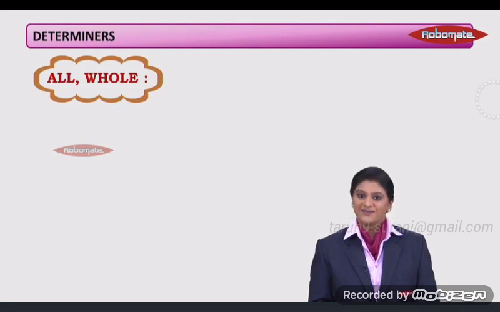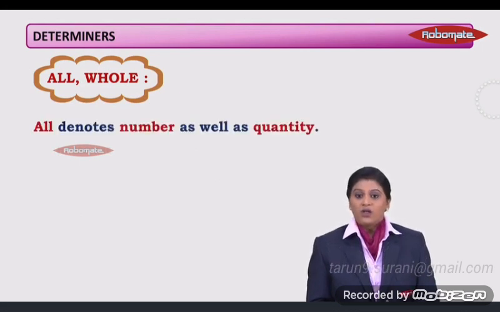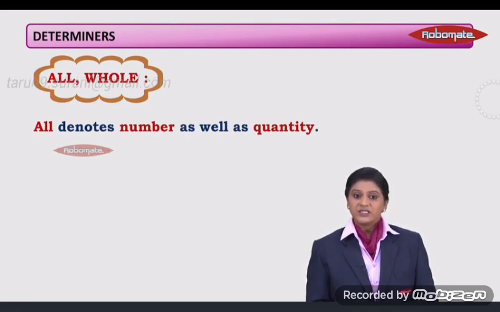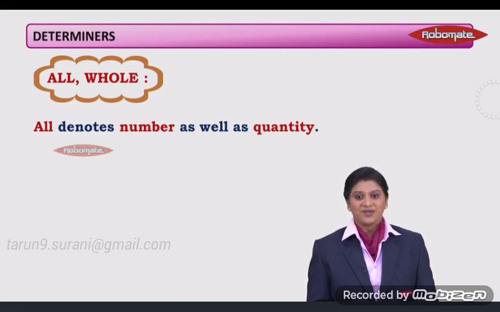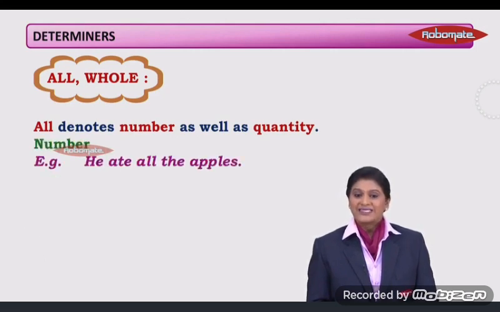All, whole. All denotes number as well as quantity. Let us first take an example with all used as number. Example, he ate all the apples. Now, apples is the noun and all is the determiner that we are going to look at.